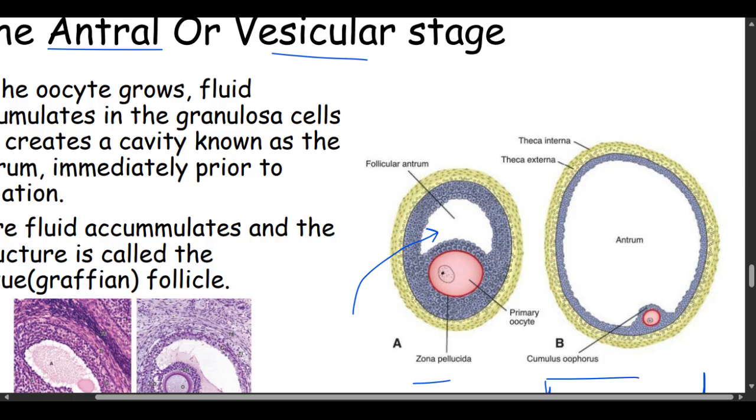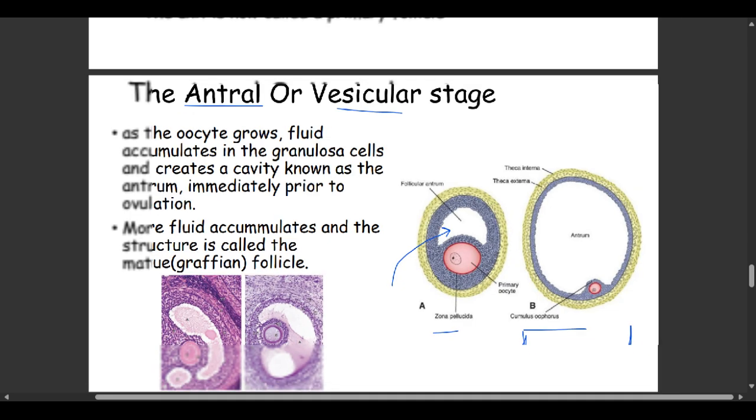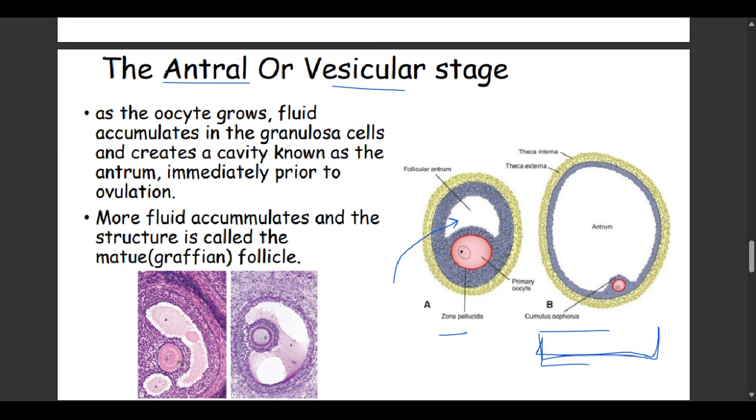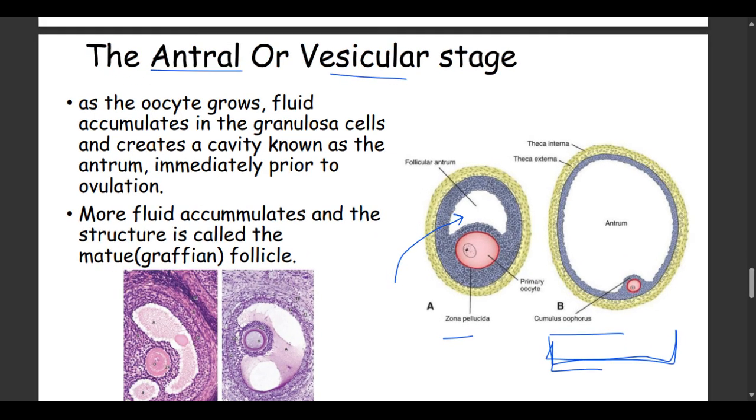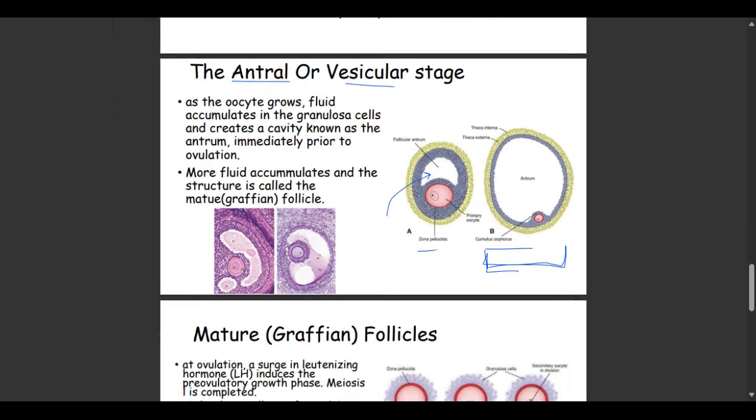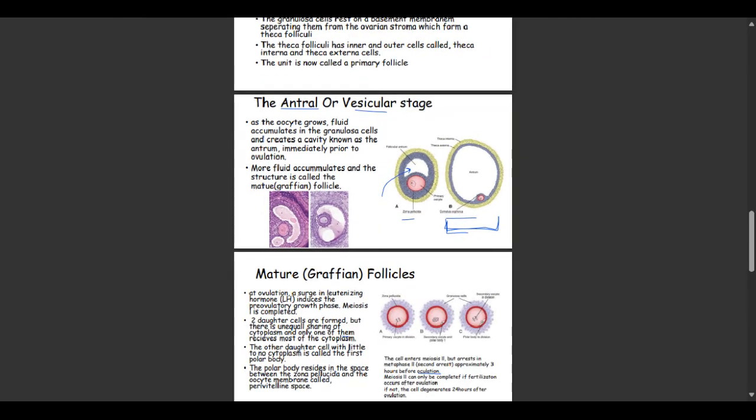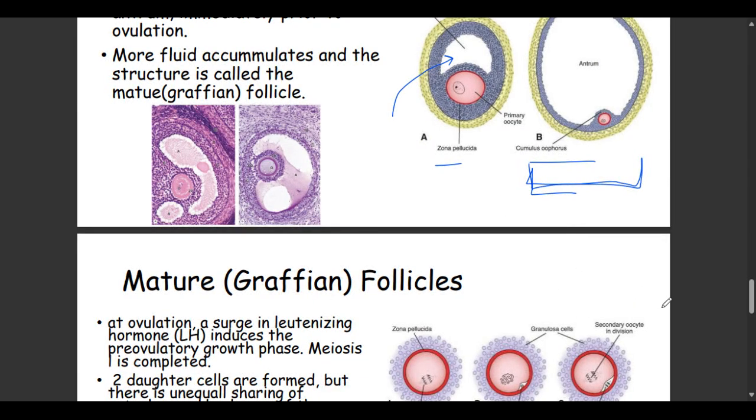So that is going to occur, and then one of those is going to continue its maturation, and as it starts meiosis 2, it's going to be paused again in the second arrest. And as we can see in these pictures here, let me just zoom in.